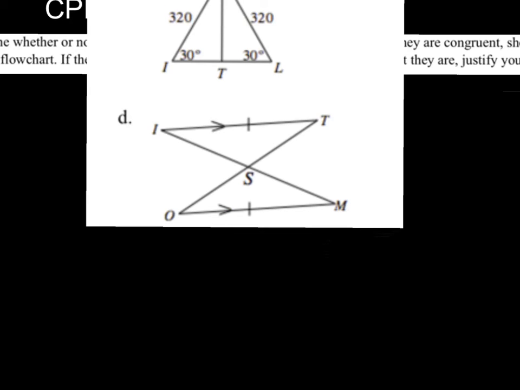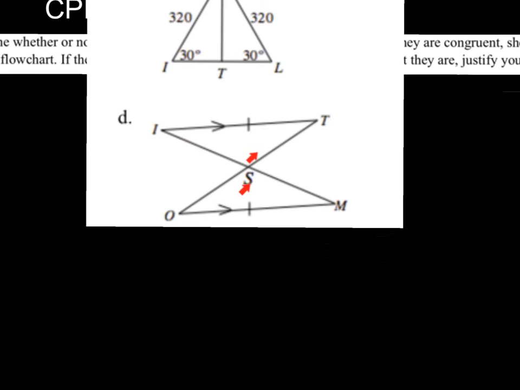So parallel lines will always give us equal angles. And in fact, in this situation, they give us two pairs of equal angles. Yeah, because these are parallel, it tells me that these are equal, and also these are equal.